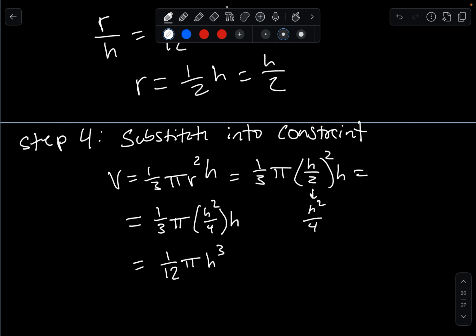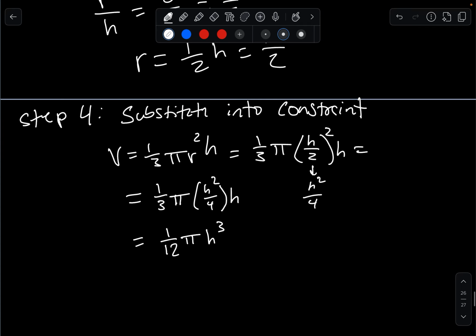Now, the volume is written only in terms of h, which is exactly what we want because this allows us to differentiate without having to use any complex differentiation techniques such as implicit differentiation. Keeps it very simple. So here we have our formula: volume is equal to 1/12 pi h cubed.